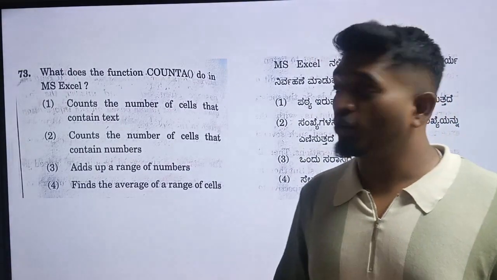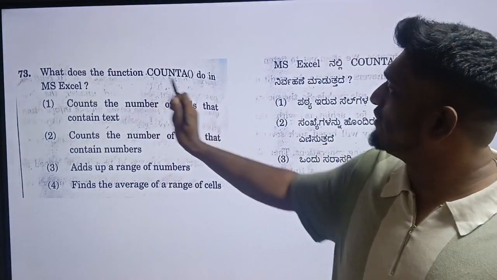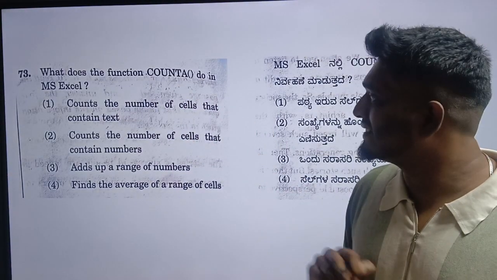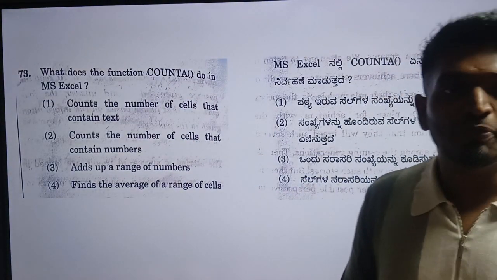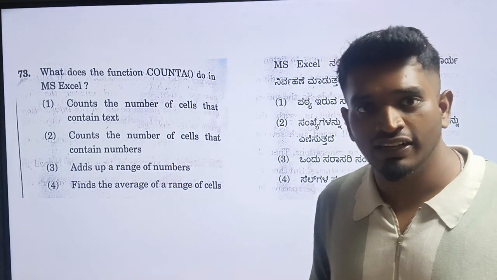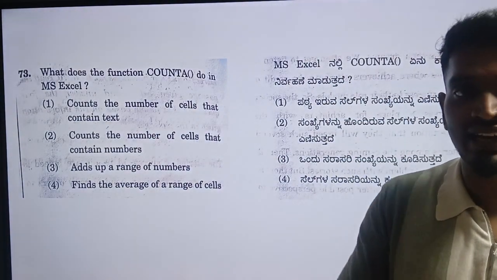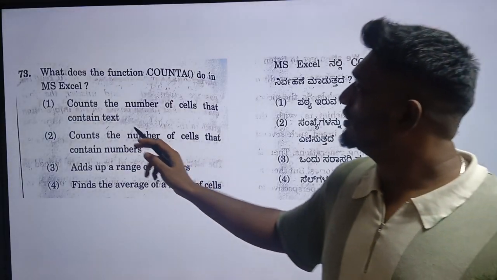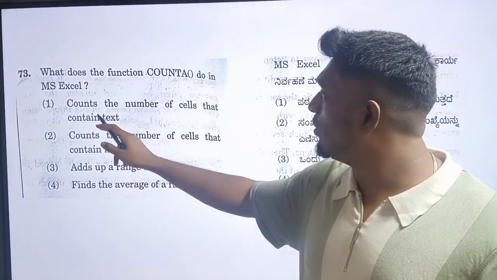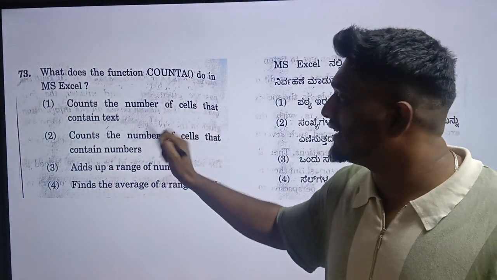Now let's get back to the question. What does the function COUNTA do in MS Excel? By now we should already know the answer, but let's get into each option so you will understand why it is correct and why it is wrong. The first option is counts the number of cells that contain text.